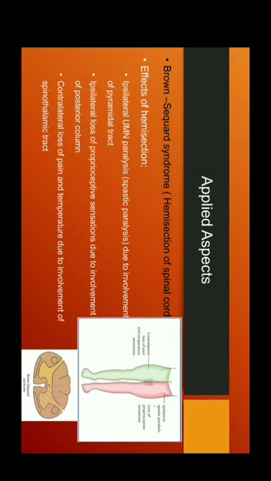So the damage to the spinal cord will cause contralateral loss of pain and temperature due to involvement of the spinothalamic tract. So these are the three basic important points, the effects of hemisection.